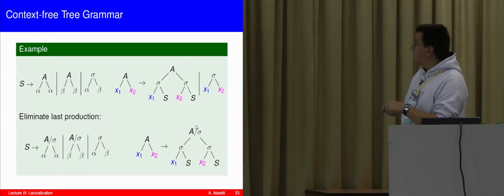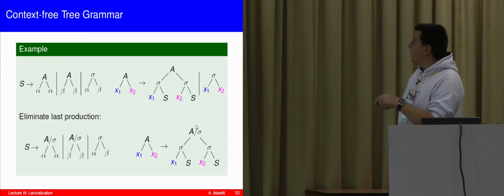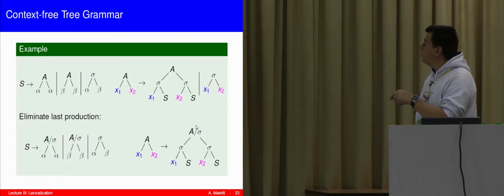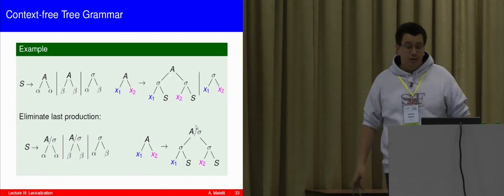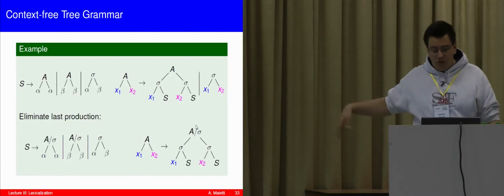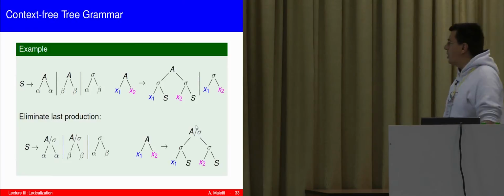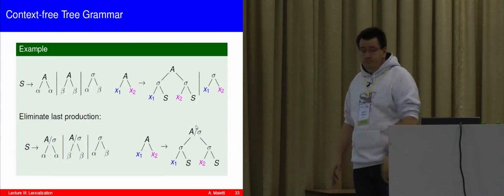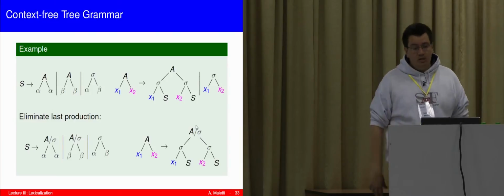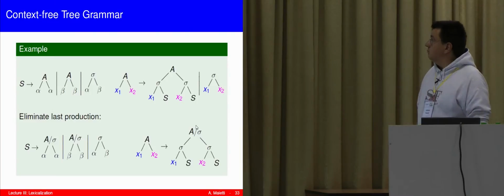It's just a shorthand here, you can have A or sigma here. So you get a production where A can generate this A as before, or it can generate the variant where you have a sigma here, because then you would have used this production immediately afterwards. And you do the same here, and you're done. In general, you have to do a bit more. But this is just the intuition how to actually remove such productions that have too few non-variables. Okay.